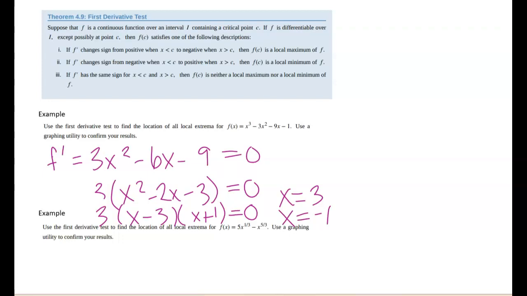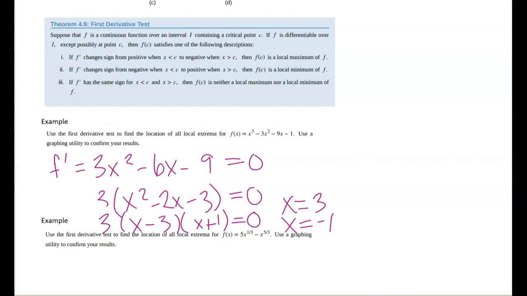Here's what we're going to do next for the first derivative test. We're going to put this on a number line, and I'm just going to worry about the x values. So I'm going to say negative 1 and 3. Now I know that f prime is 0 at negative 1 and at 3.